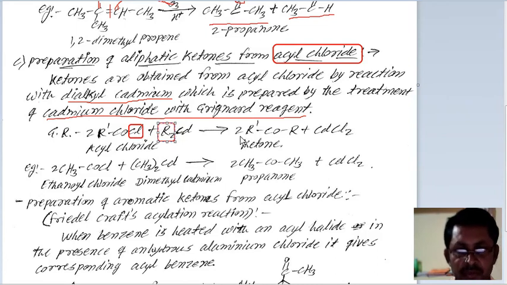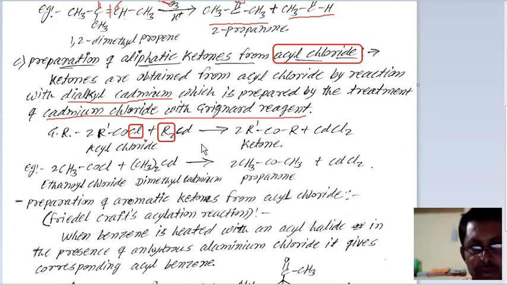That means we get 2RCOR, with 2R because it is twice, and the two chlorine atoms combine with Cd. We get CdCl2.